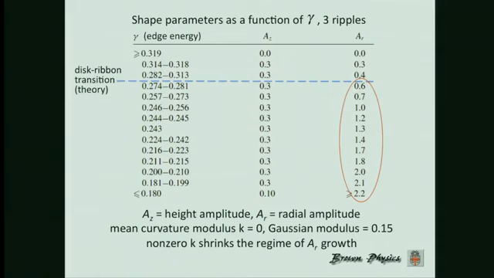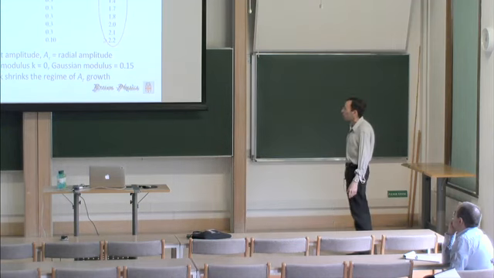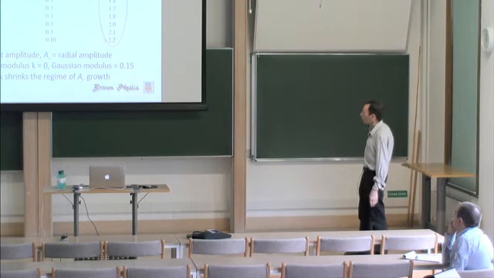So what you're seeing here are these shape parameters: the height of the ripples out of the plane, the size of the radial ripples, and this is as a function of edge energy, which remember is just a simple way of saying dextran concentration, or strength of the attractive interaction. And so, as you go down in gamma, you are decreasing the strength of the attractive interaction, or the dextran concentration.